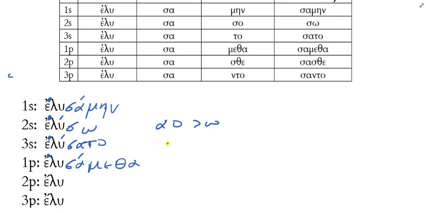And then if my mommy gave me a bath at the ripe old age of 40-something, I would say I was washed, and I would use the aorist passive indicative, because I'm not doing anything except running.